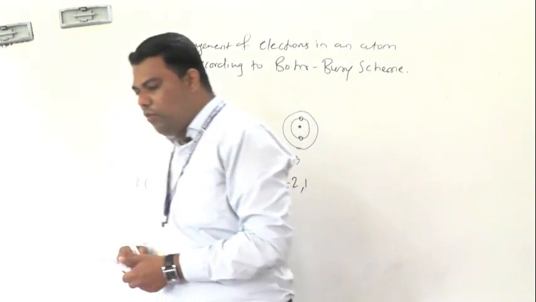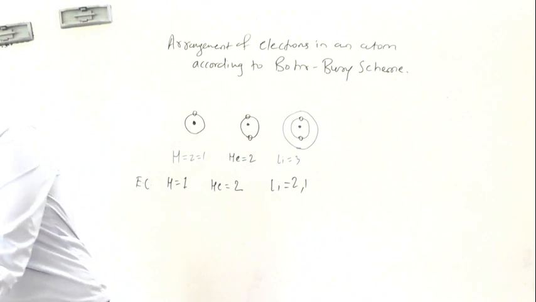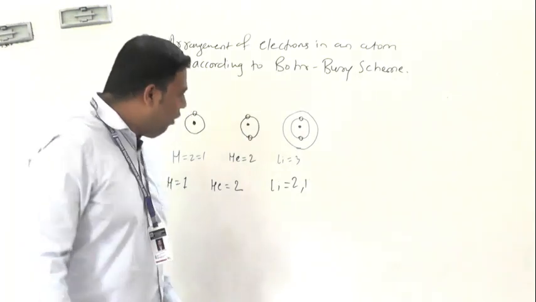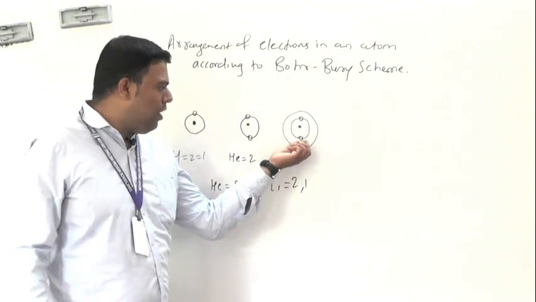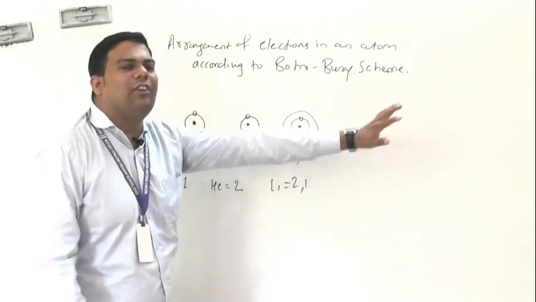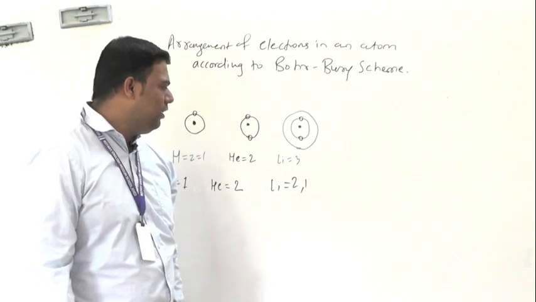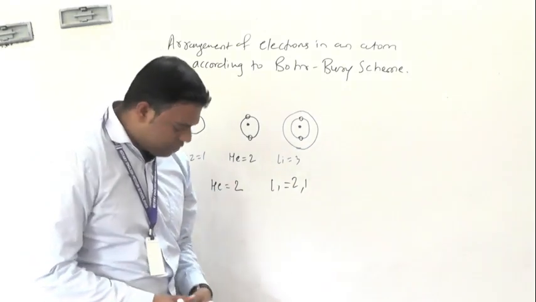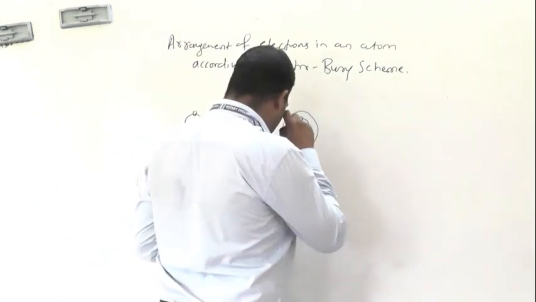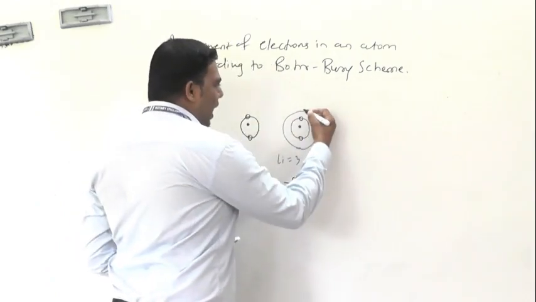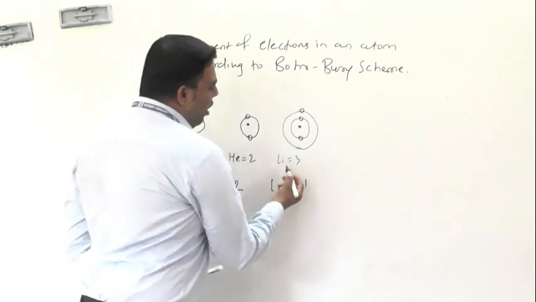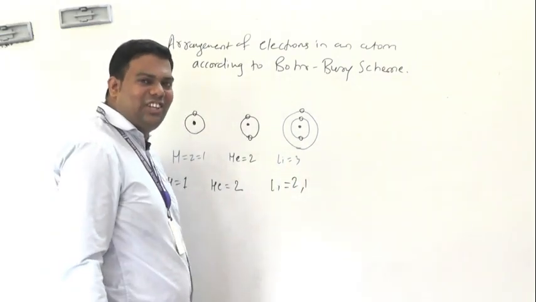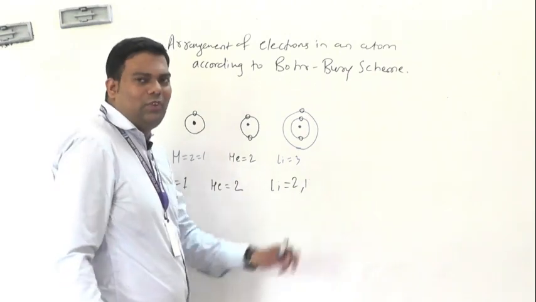Very important: lower energy is filled first, then higher energy. So 2 plus 1 is 3, completing the atomic number of Li.